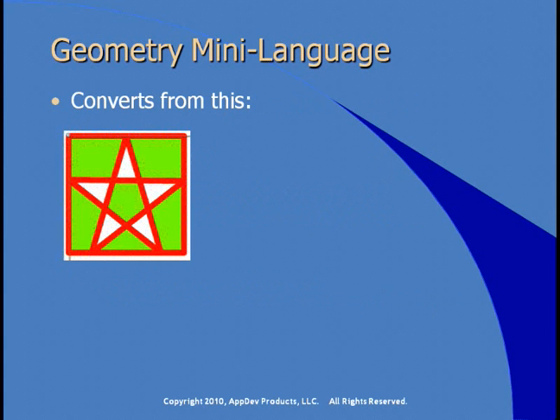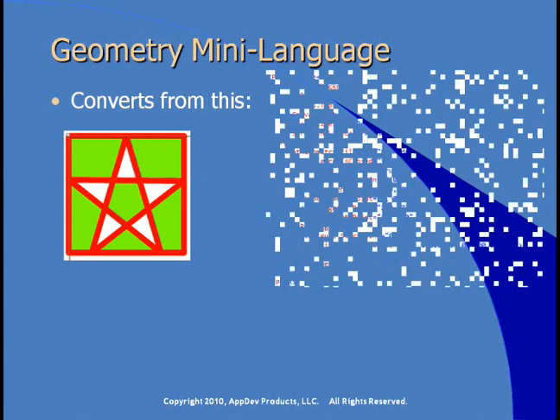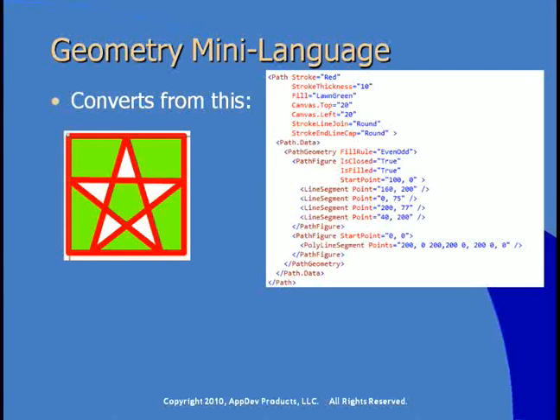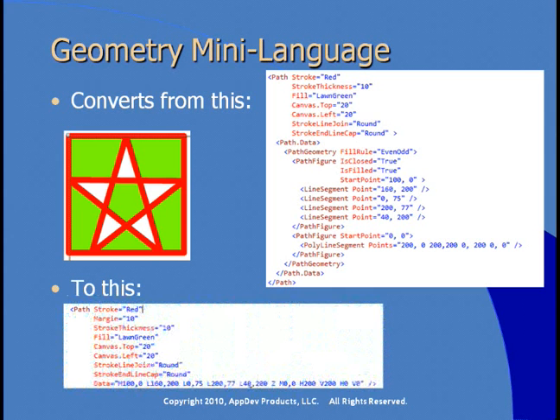It converts from this. Now, imagine we've got this shape. This is the markup you might create to create that shape. Actually, this is the markup I did create to create that shape. It had a lot of different elements defining the line segments, the polyline segment, and so on. The mini language converts that same markup to this simple markup.